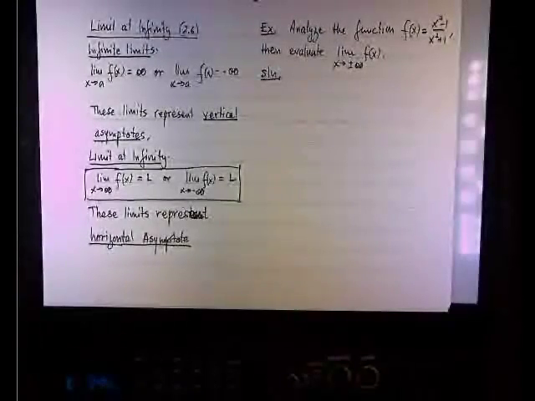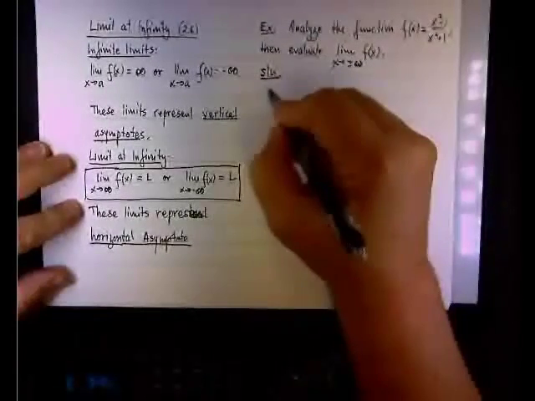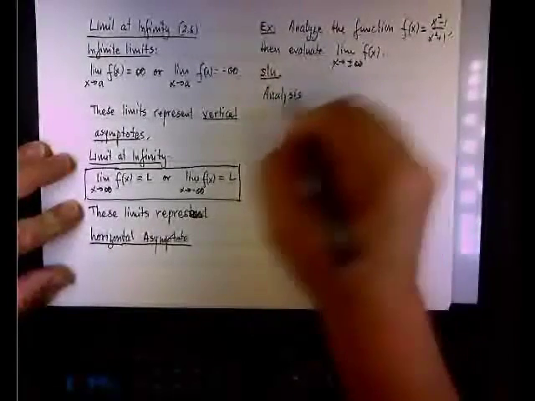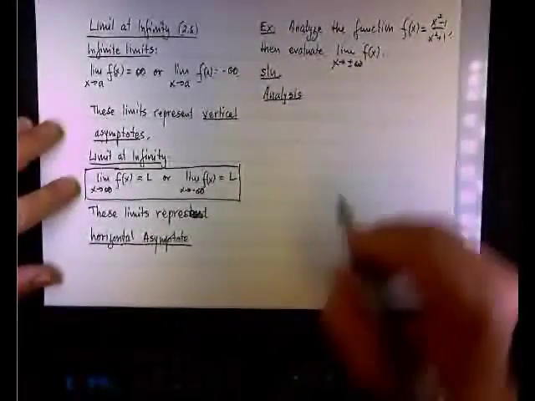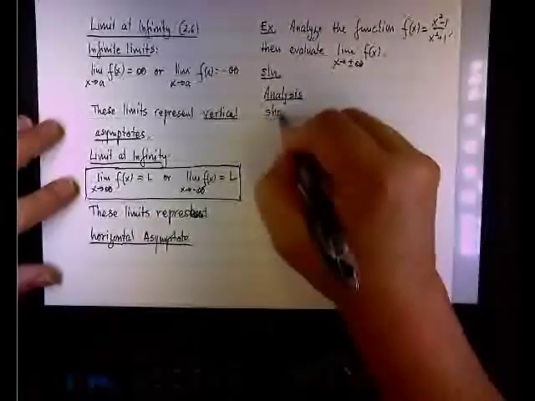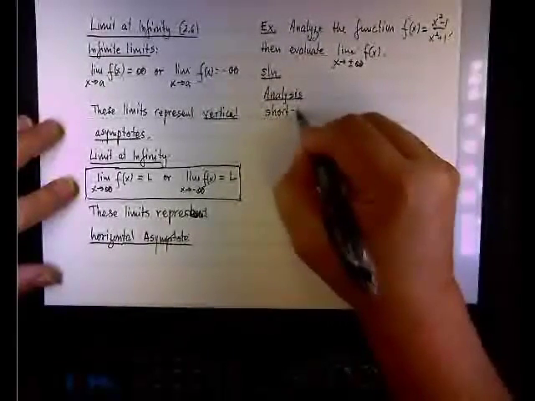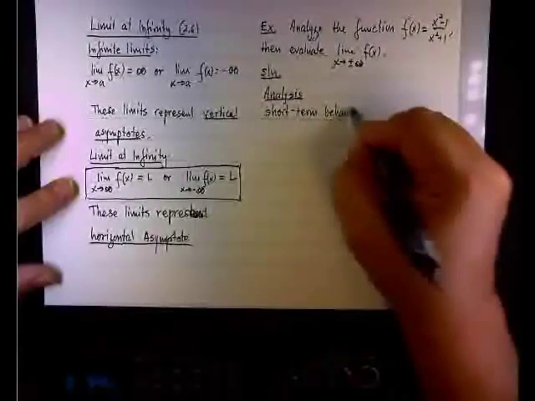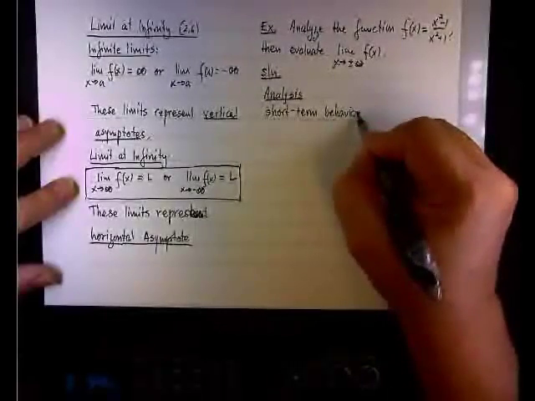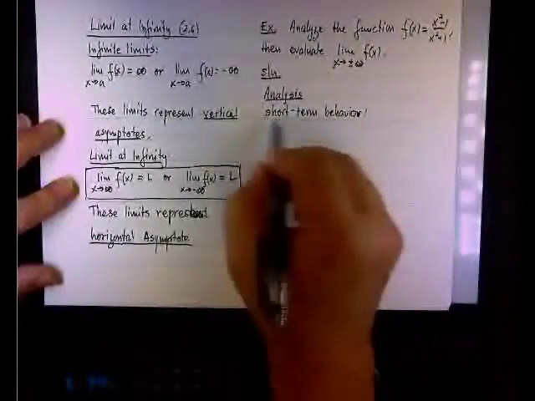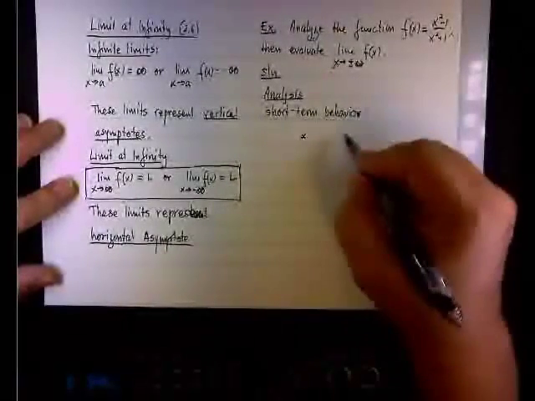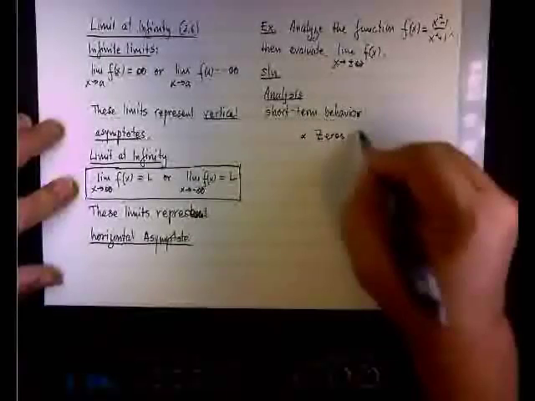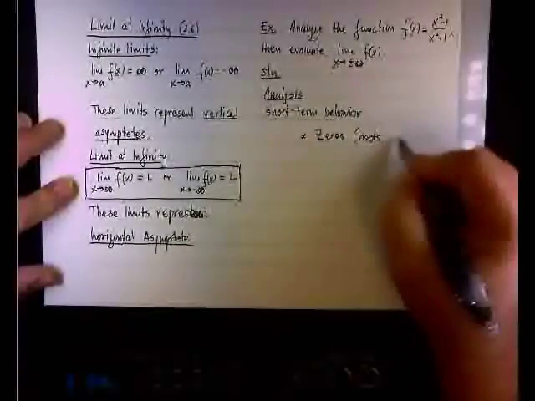So let's write down, as far as analysis is concerned, first the short-term behavior. In this part, we're going to look at the zeros or the roots of the function.